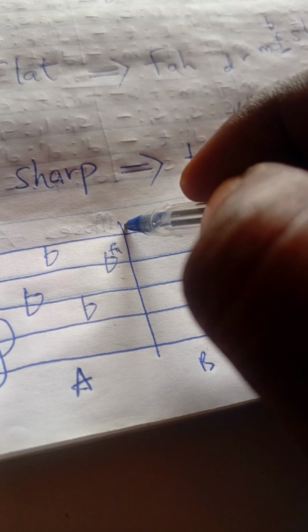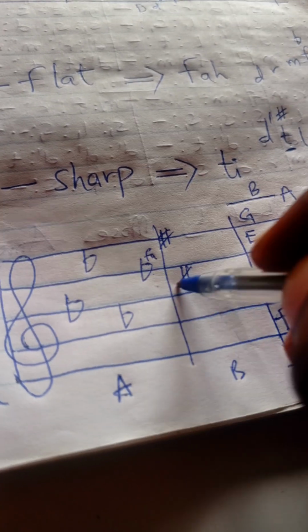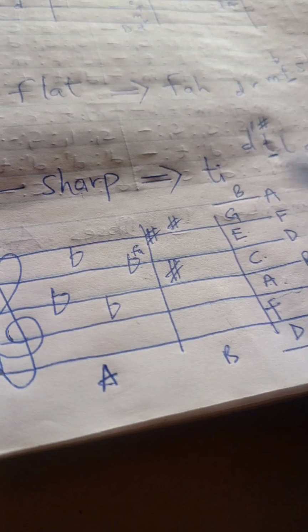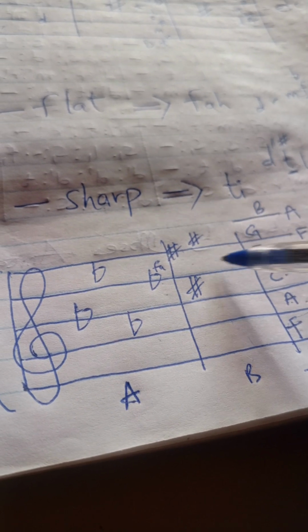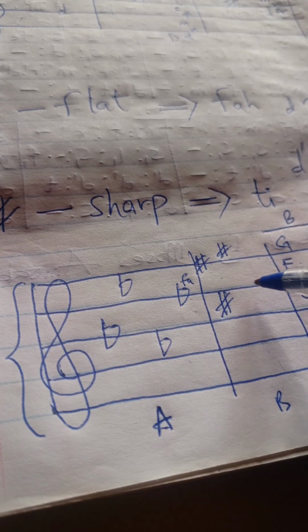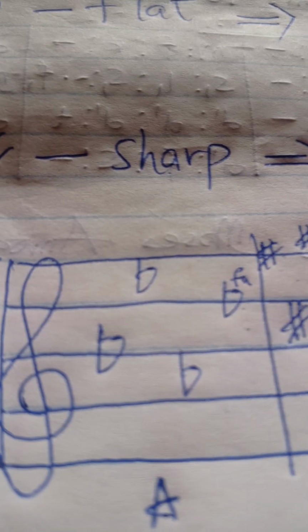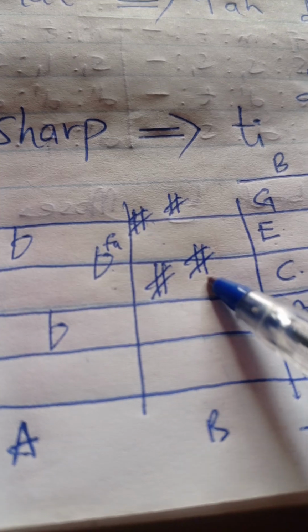Now look at where this, we have 1, 2, 3, and then 4.